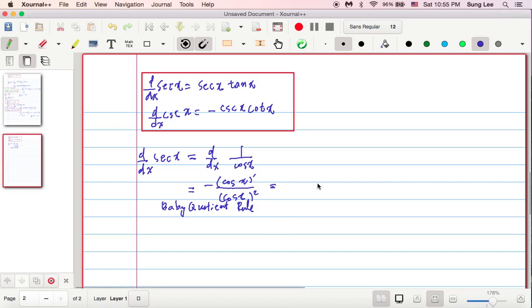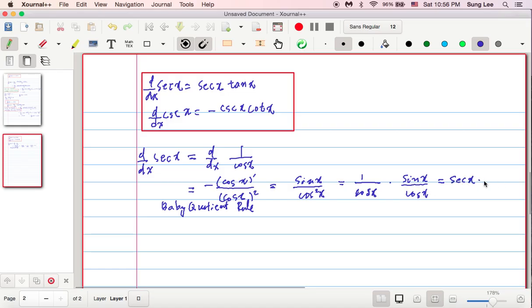Okay, so we have sine of x over cosine squared x. And so this can be written as 1 over cosine of x times sine of x over cosine of x. 1 over cosine is secant of x.